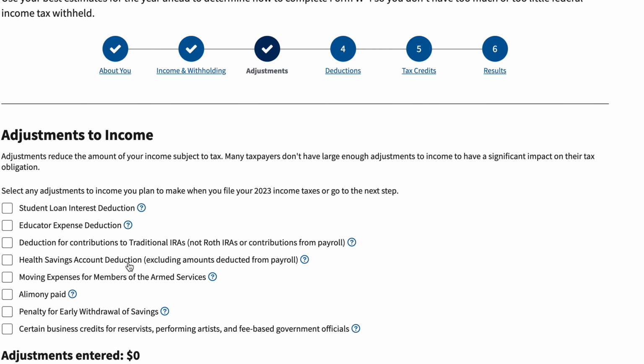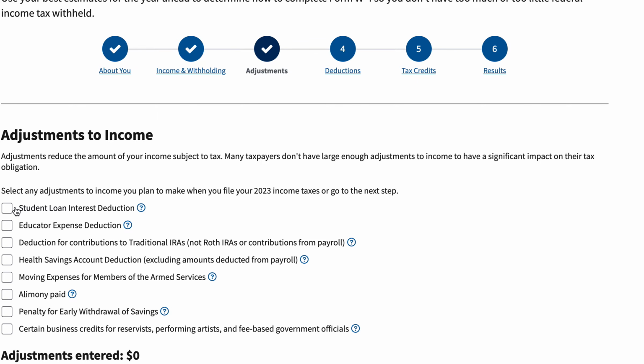Now we're going to enter any adjustments. Adjustments to income are different from deductions from income. So anything that's on this line, remember, is an adjustment to income. It's known as, or it used to be known as, an above the line deduction, because it used to be above a line on the Form 1040 where below the line was the adjusted gross income, and any other deductions below the line did not make any adjustments to your adjusted gross income.